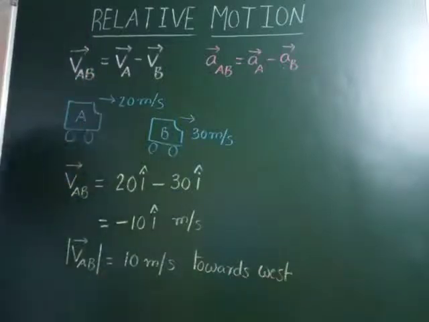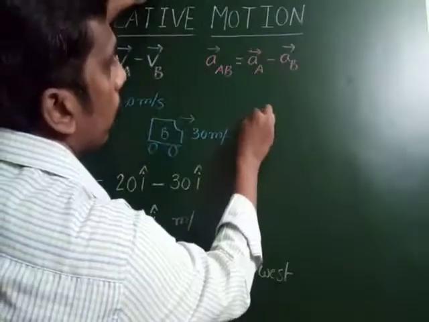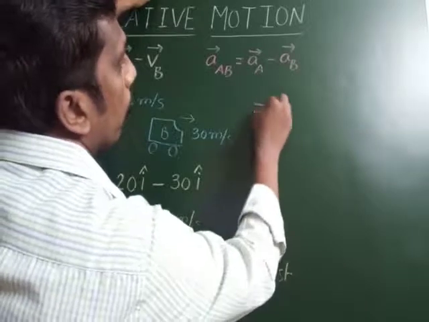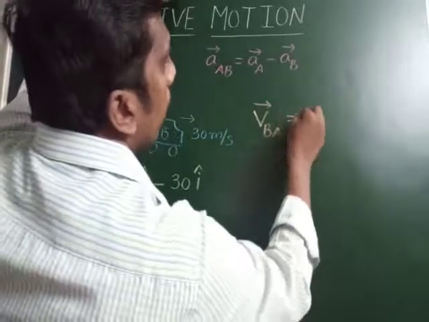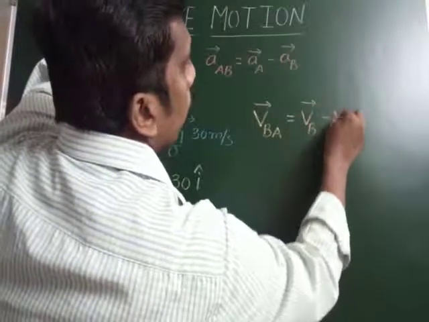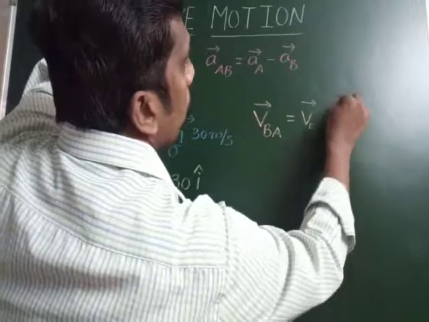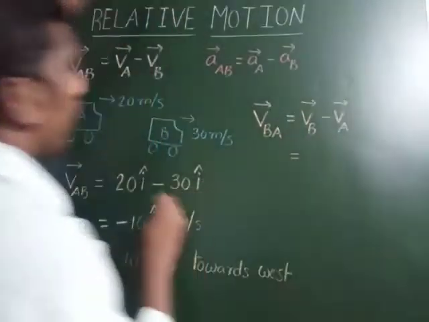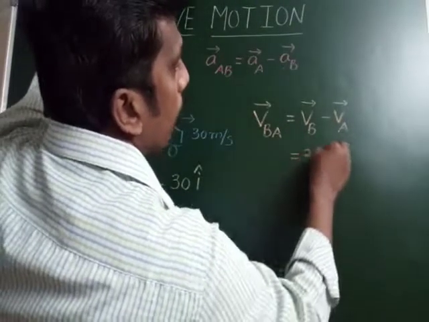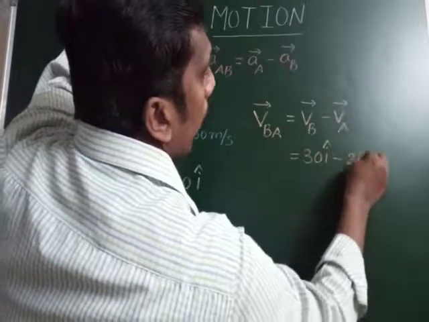In the same manner, velocity of B with respect to A is equal to velocity of B minus velocity of A. So B is towards east, A is also towards east. Velocity of B is 30 meter per second, so 30 i cap, and velocity of A is 20 i cap.